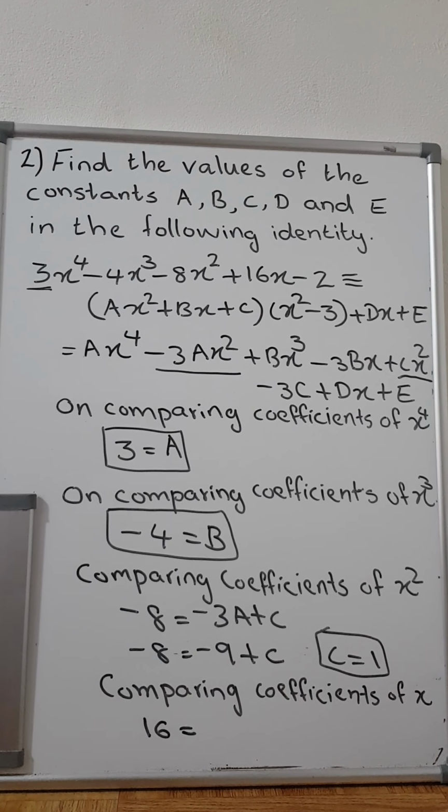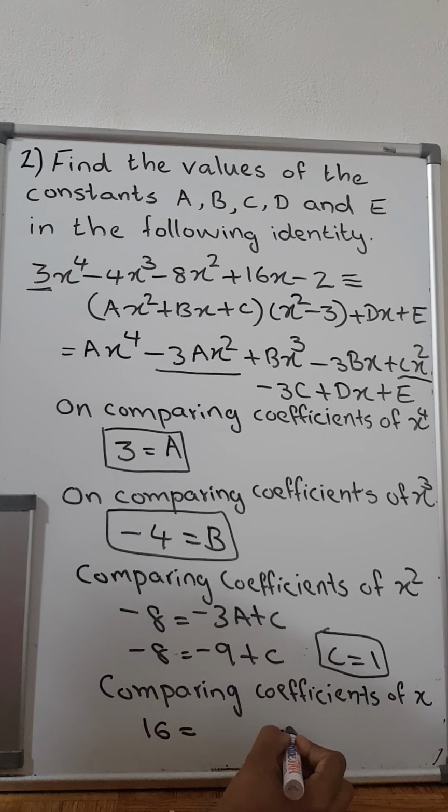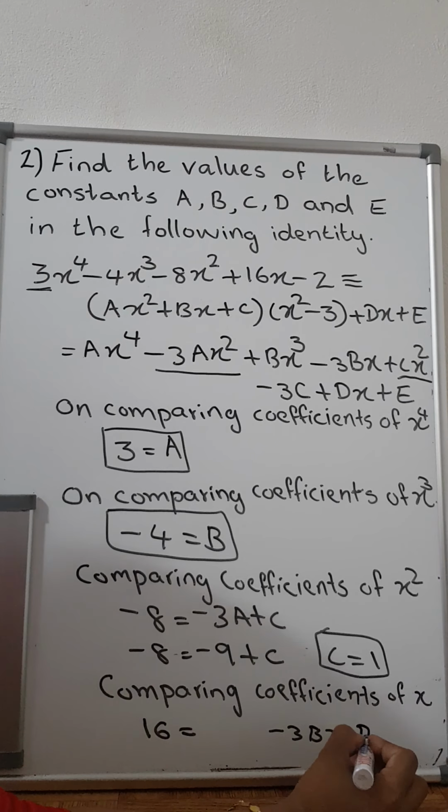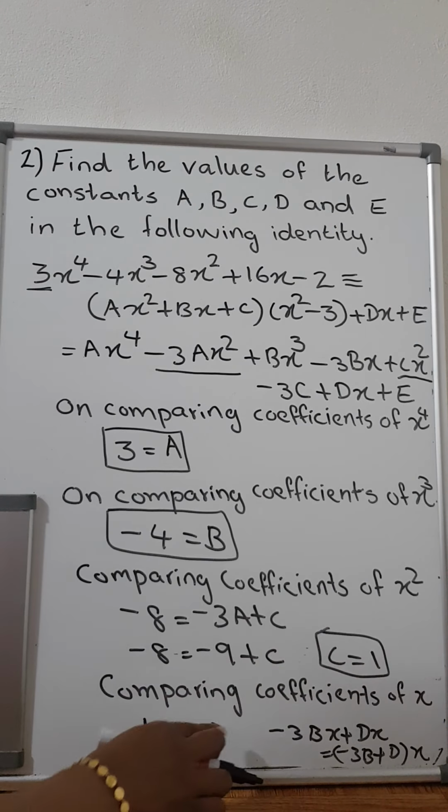On the right hand side, we have two terms with x. One is minus 3b x and the other is d x. So minus 3b x plus d x, that is minus 3b plus d times x. So the coefficient of x is minus 3b plus d.